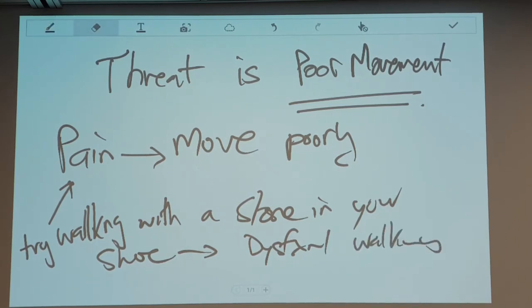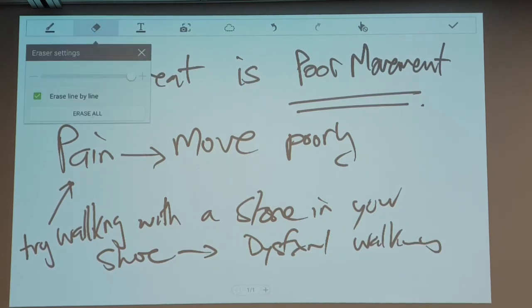And so we need to eliminate the movement dysfunction that is continuing to drive the central nervous system cautionary signal that exists. And it is extremely difficult once people become centralized.